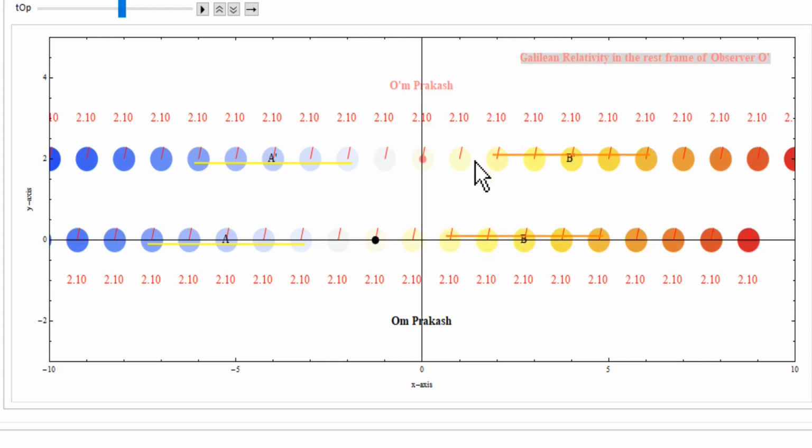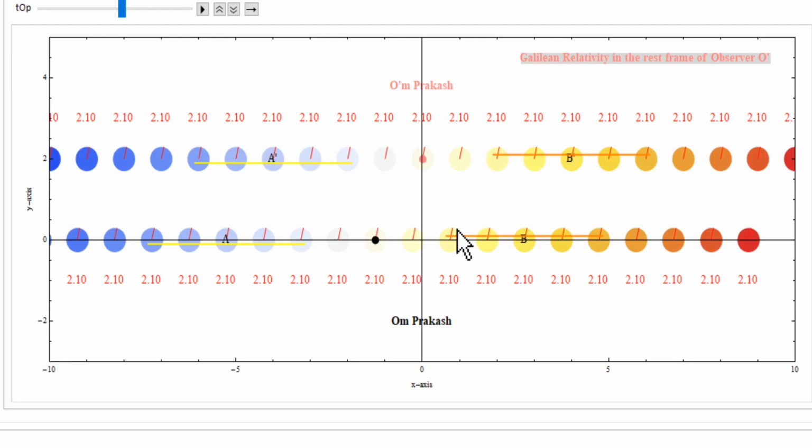So these light beams don't keep pace with each other, even though they were emitted at exactly the same time and same place. So light does not always appear to travel at the same speed in Galilean relativity.